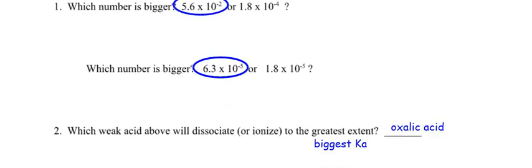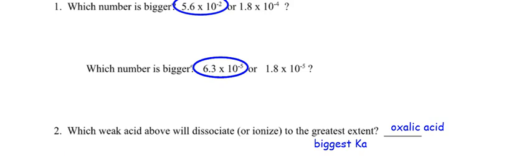The oxalic acid has the greatest Ka, so it's going to be the strongest acid. What does that mean? It's going to split up the most. If I put this in water, I'm going to have more H pluses and oxalate minuses than the oxalic acid that stays together.